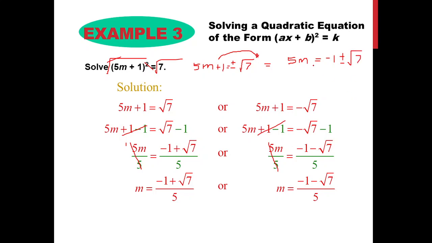And then you need to eliminate the numerical coefficient of m, divide both sides by 5. So you have your m equals -1 plus and minus the square root of 7 over 5. The same result.